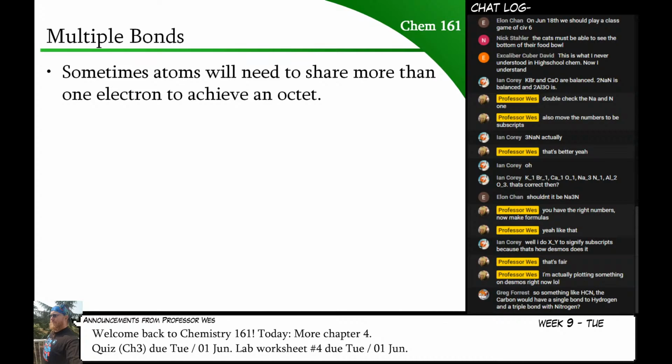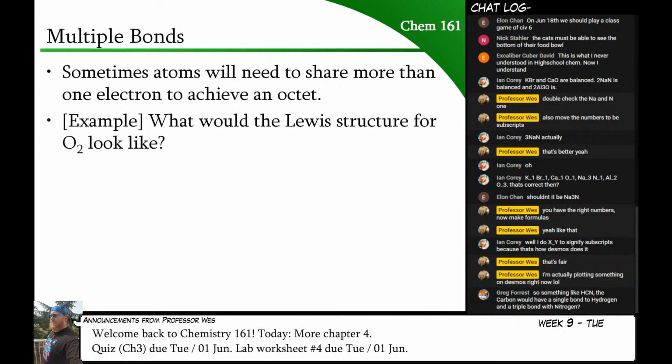Now, we can do multiple bonds to different atoms if we want to. So you suggested a triple bond. We're going to show how that works. So if I wanted to draw the Lewis structure for oxygen, first I could just do this. And then I could say, well, okay, I can pair these two together. That would make a pair.